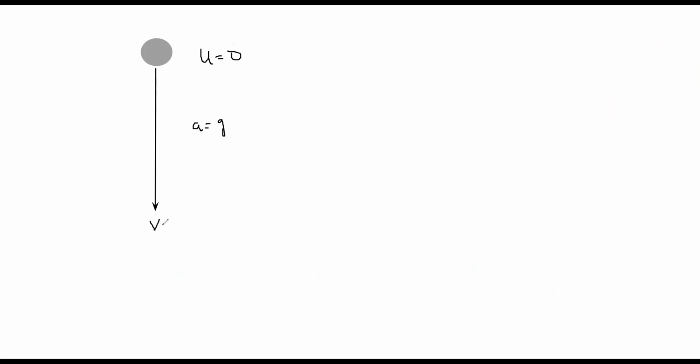The speed after some time is v, the final speed, and it covers distance s. So you have the equation 2as = v² - u².